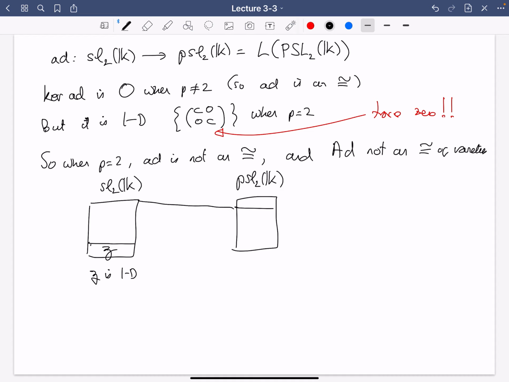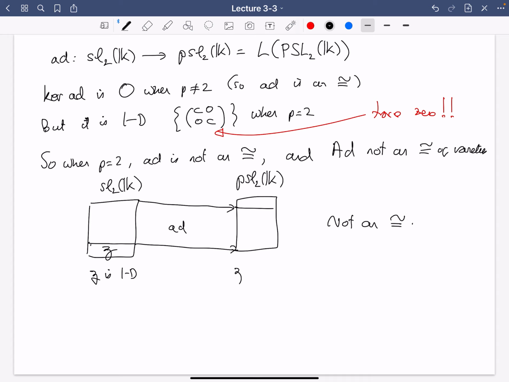But this Lie algebra homomorphism, little a add, is killing the center, because the kernel of little a add is this center. So it sends this three-dimensional SL2 to just a two-dimensional subalgebra of the Lie algebra PSL2. And of course, it's not an isomorphism.